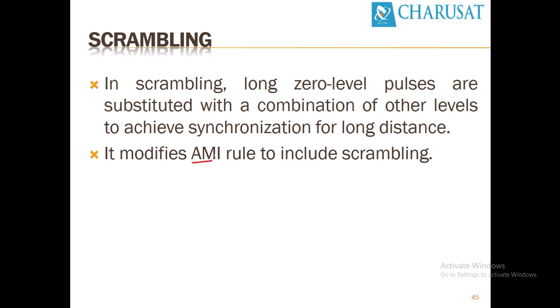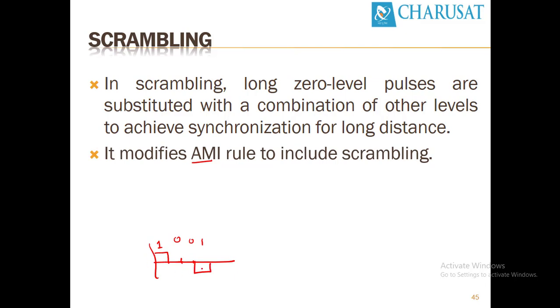So we saw in AMI that whenever there is a 1, it inverts the voltage with respect to the previous one. Let's say the first bit is positive voltage, then 0 will be represented by 0, and 0 again is represented by 0. For the next 1, it will invert the signal of the previous one.